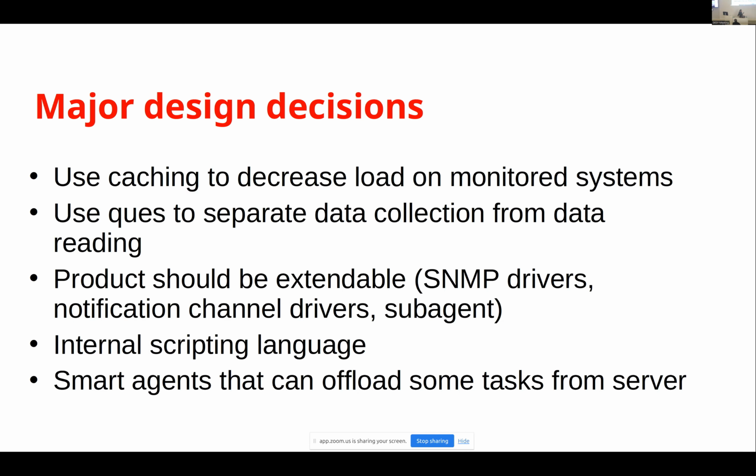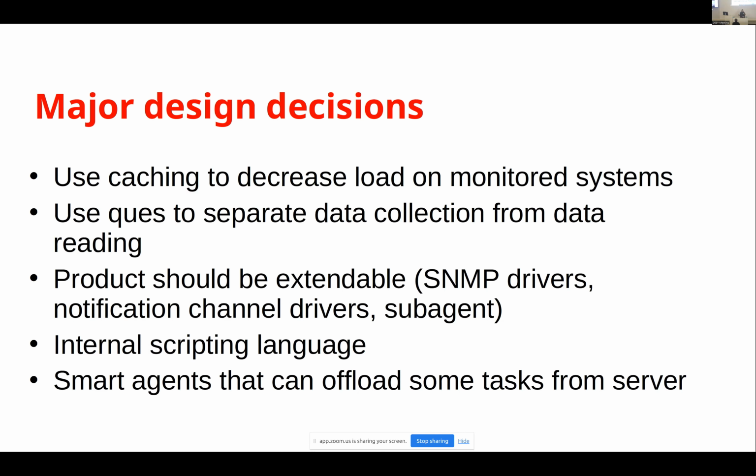Every time we're thinking about adding new functionality, we come to the point that the agent should be able to collect this data by itself because we need this caching functionality when the network goes down. Another point is that if you have a really huge network, you can imagine how many connections the server would have to make to all those devices.